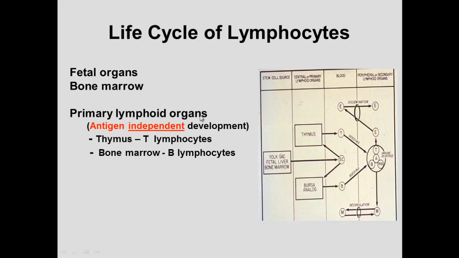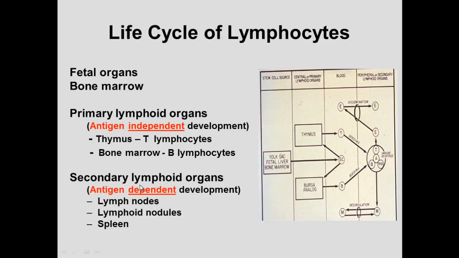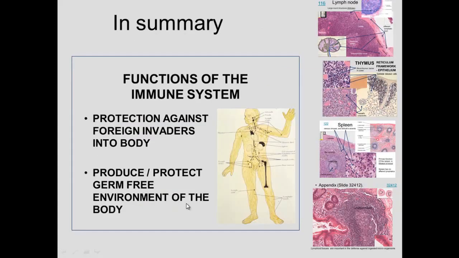The primary lymphoidal organs are the thymus and the bone marrow, and there development is antigen independent. Then you have secondary lymphoidal organs, which are antigen dependent: lymph node, spleen, lymphoidal nodules. That's where the immune cells react to antigen for the response that we want.